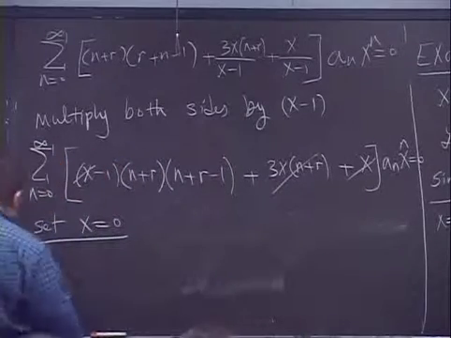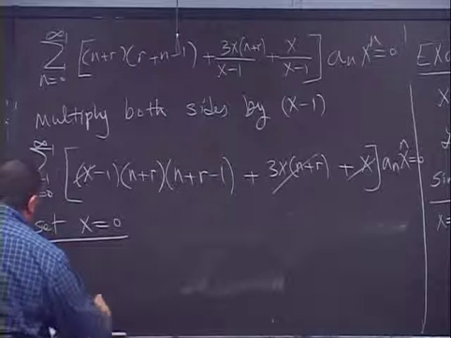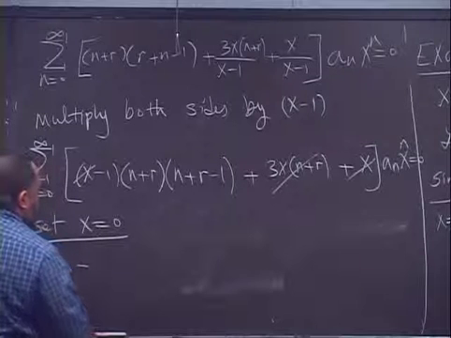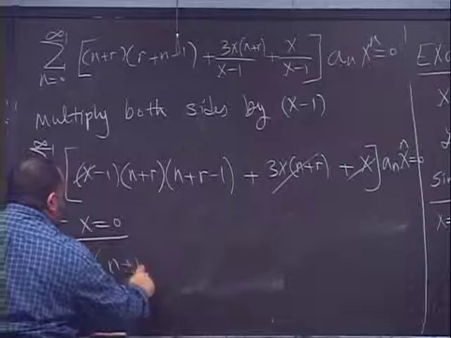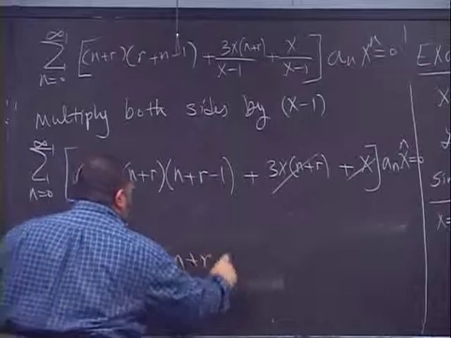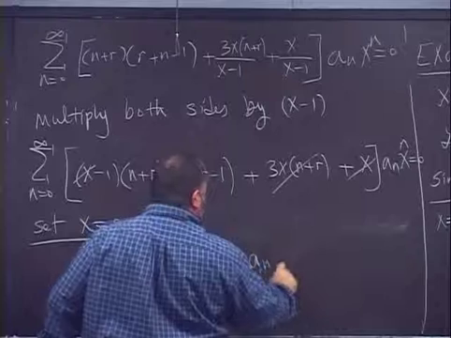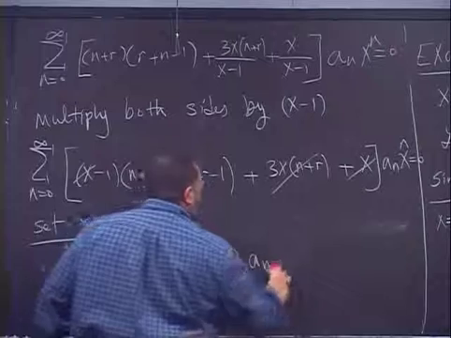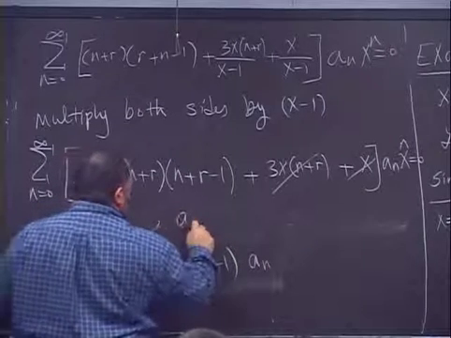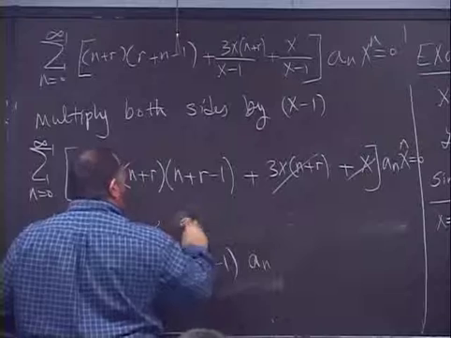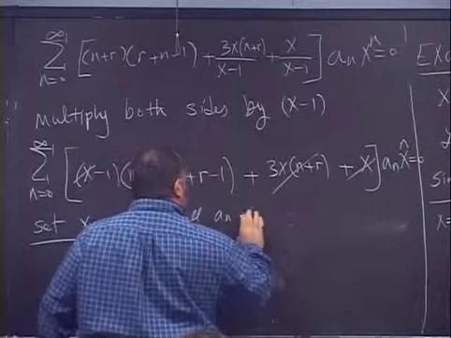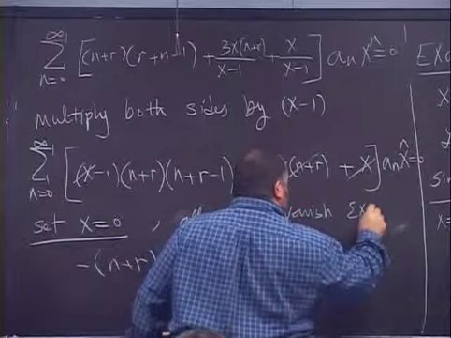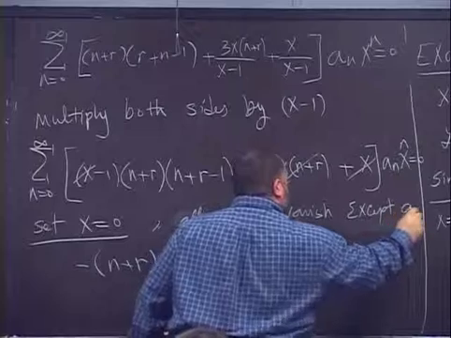So we will have negative (n plus r) multiplied by (n plus r minus 1) all multiplied by a_n. All a_n will vanish except a naught.